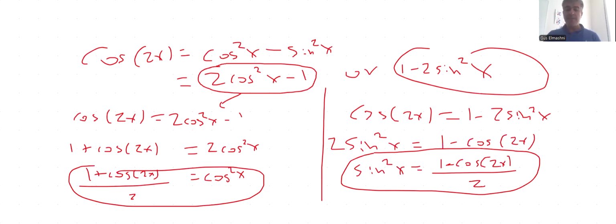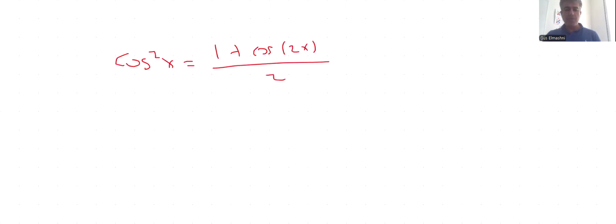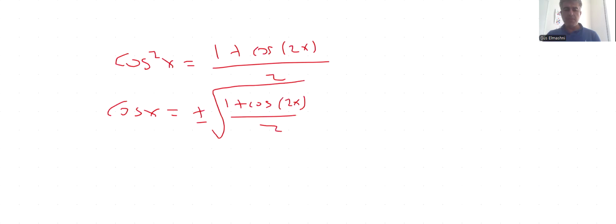Lastly, the half angle identities are done like this. So you have cosine squared x equals 1 plus cos 2x over 2. So you can square root both sides like this. And then if you replace x with x over 2, then on the other side, you replace 2x with what?